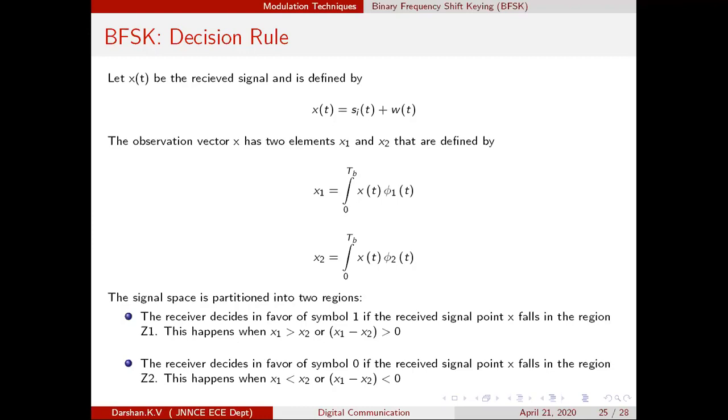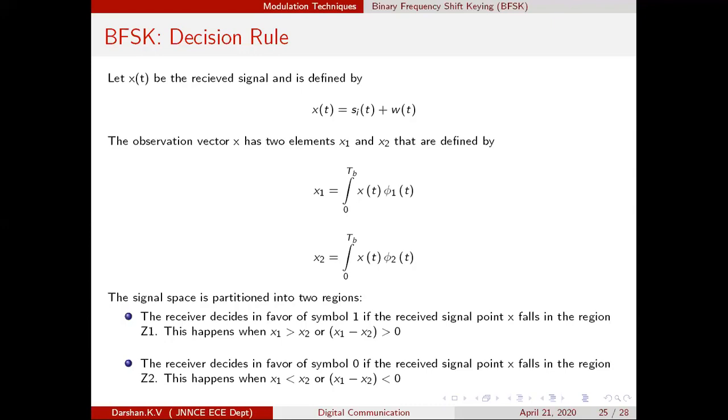If x1 is greater than x2, then that point lies in the region Z1. If x1 is less than x2, then that point must lie in the region Z2. This you are supposed to understand. So I repeat, if x1 minus x2 is greater than 0, then the received signal point, or the observation point, lies in the region Z1.